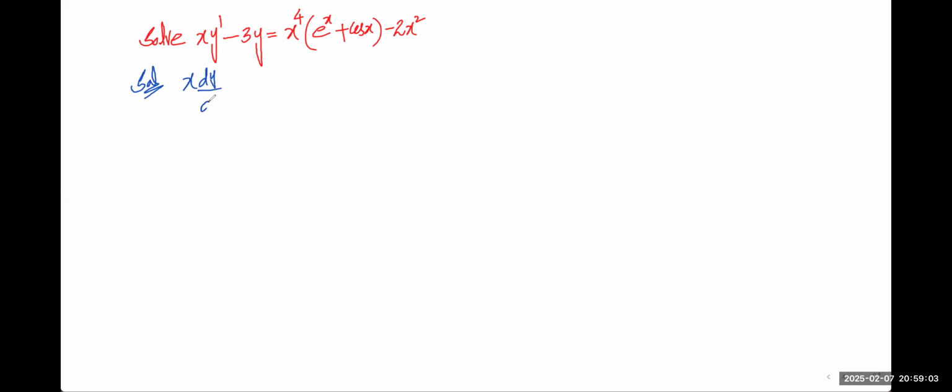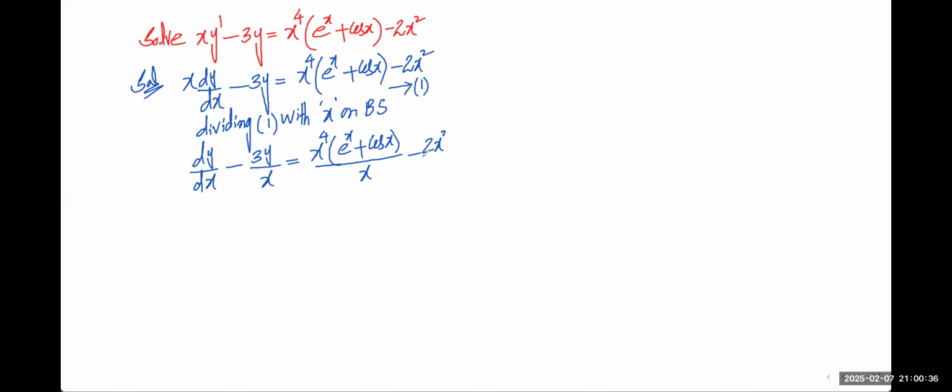Dividing equation number 1 with x on both sides, I get dy by dx minus 3y divided by x is equal to, for all the expression, I can divide with x only: e power x plus cos x, and for this one also we have to divide with x, minus 2x square, again dividing with x.